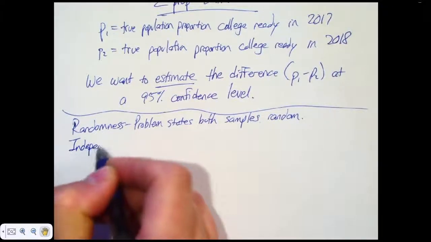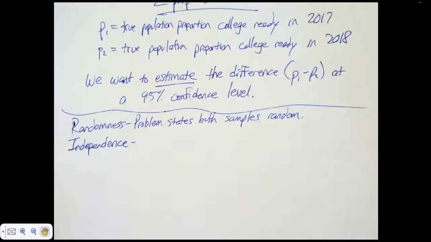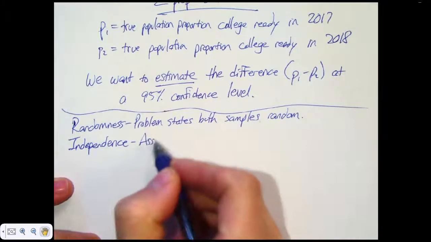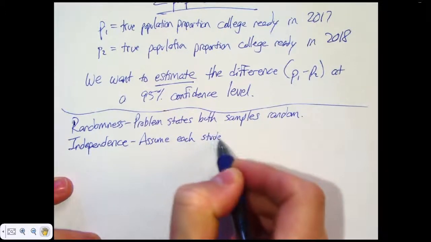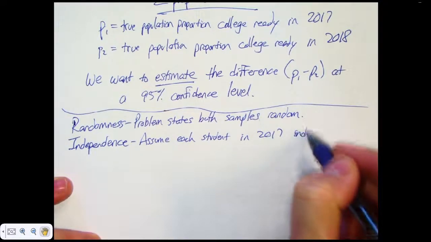Independence. Now you've got 3 things you have to do here. You have to say something about 2017 being independent, 2018 being independent, and them being independent from each other. So I'm going to say, assume each student in 2017 independent.